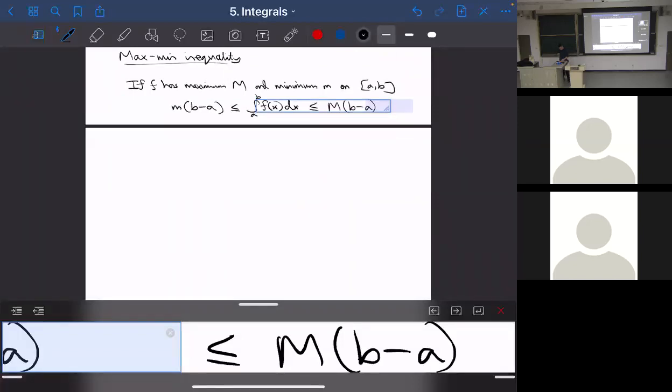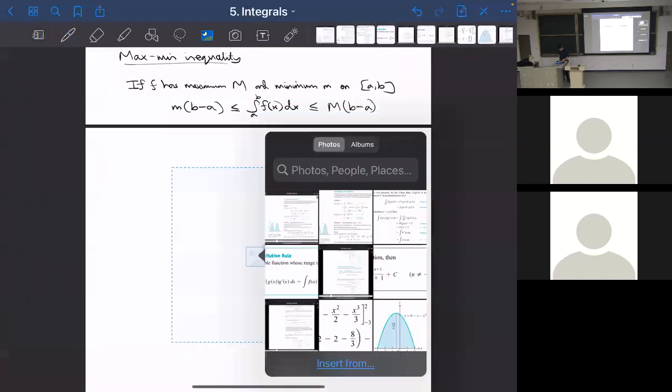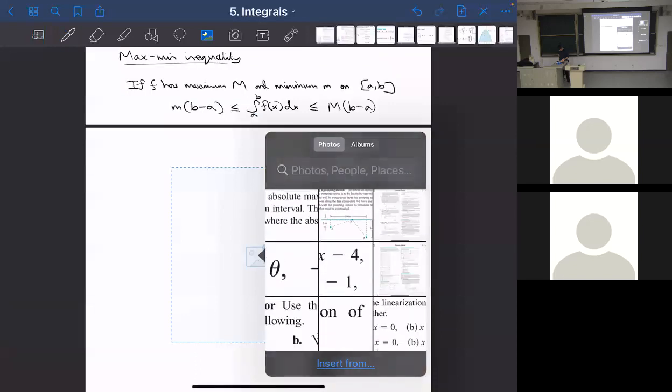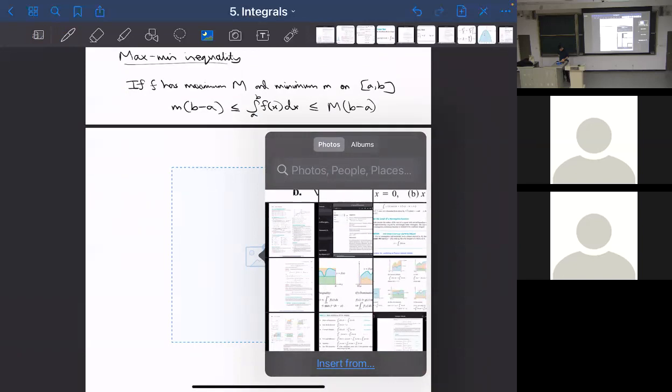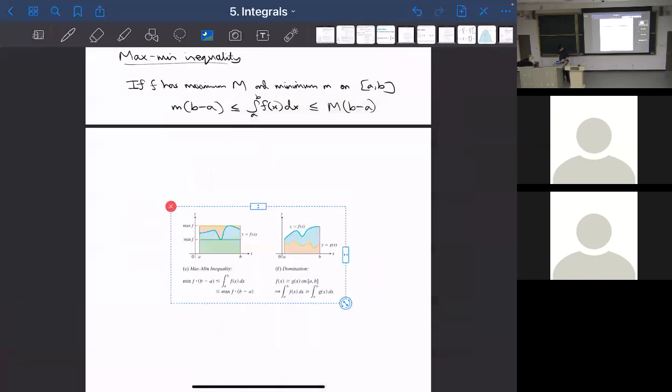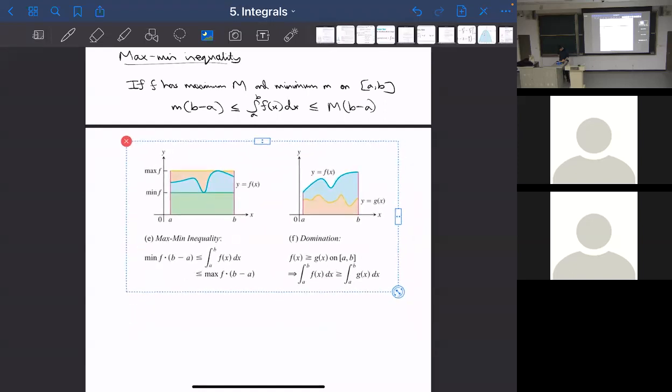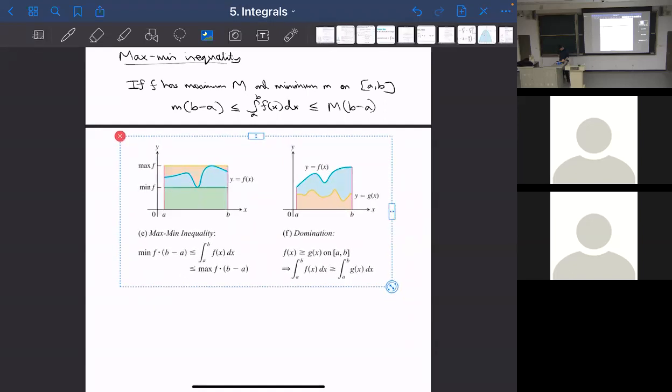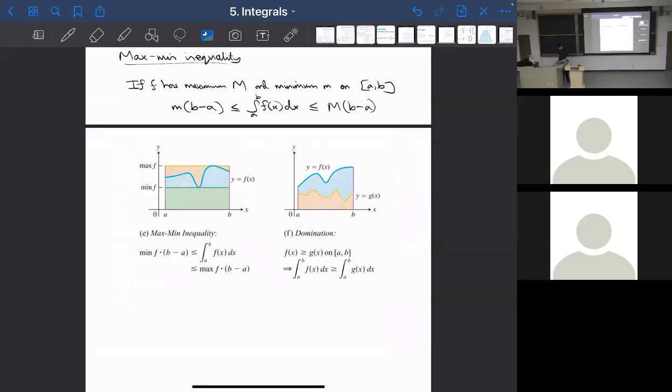Okay, and this makes sense because I think I have the graph. So we're comparing areas. The area under the blue graph is greater than or equal to the green box and less than or equal to the big box. So that's what this inequality is saying.